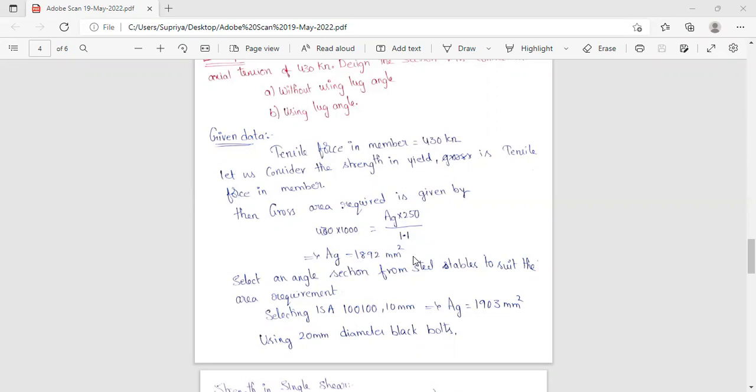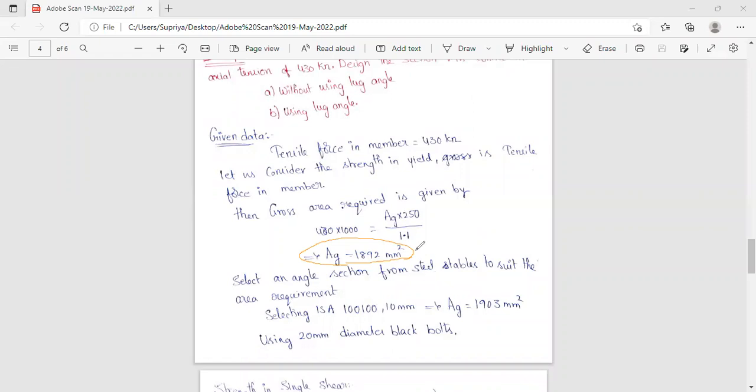Ag has come. From this Ag you can understand, you have to provide the area of the lug angle as 1892 mm square. Then only the lug angle will be given strength for the upcoming force.